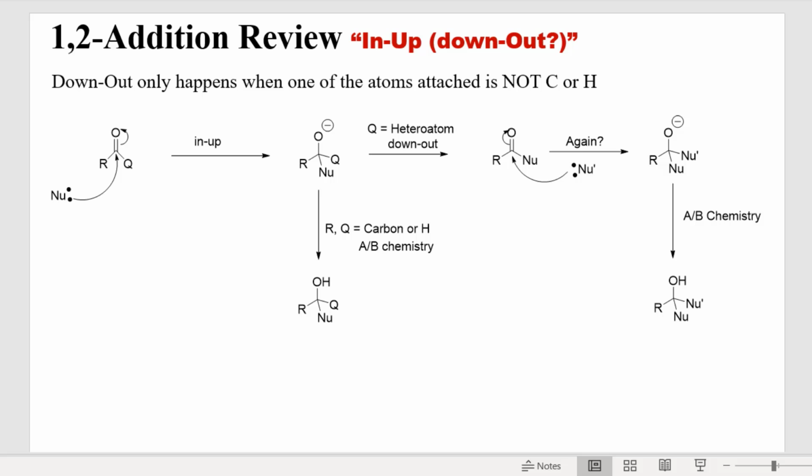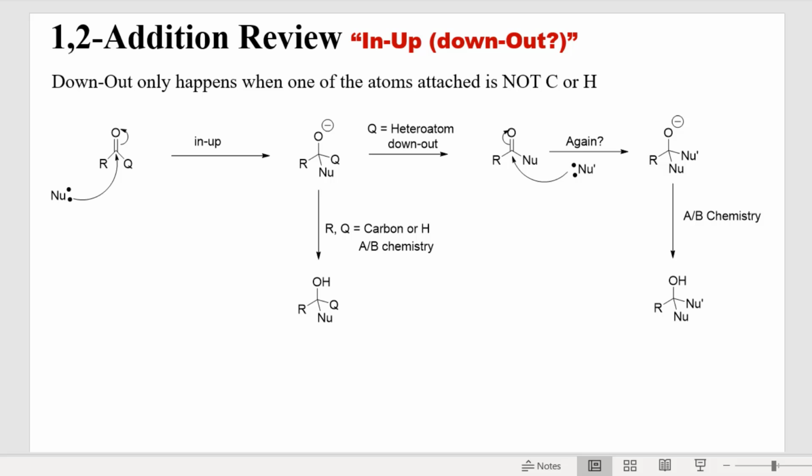I also want to reiterate that from the mechanism motif paper that I gave you at the very beginning of the semester, what we're going to be concentrating on solely in this chapter is 1-2 additions, the in, up, down, out. Because if you think about where we came from, the ketone aldehyde chapter had us using the nucleophile to go in and up.